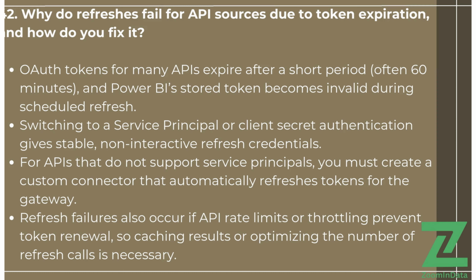For APIs that do not support service principals, you must create a custom connector that automatically refreshes tokens for the gateway. Refresh failures also occur if API rate limits or throttling prevent token renewal, so caching results or optimizing the number of refresh calls is necessary.